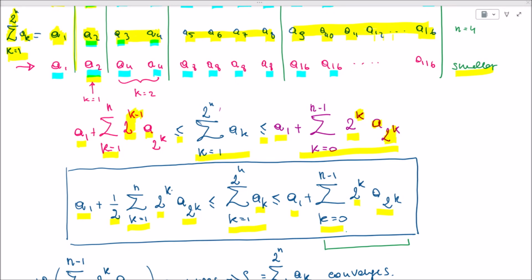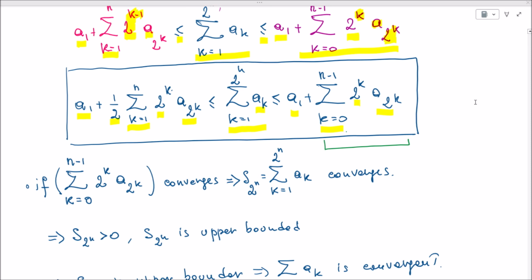And now we are ready to go to the conclusion of this, because by just looking at the right inequality, if this partial sum, k goes from 0 to n minus 1 of 2 to the k a with index 2 to the k, has a real limit, so the series will converge, then we can say that also the partial sum s_{2^n}, which is exactly what we have in the middle, the sum k goes from 1 to 2 to the n of ak, will also converge, by pure comparison.